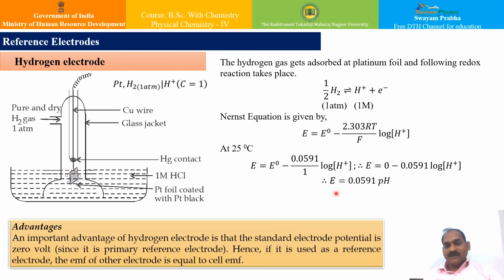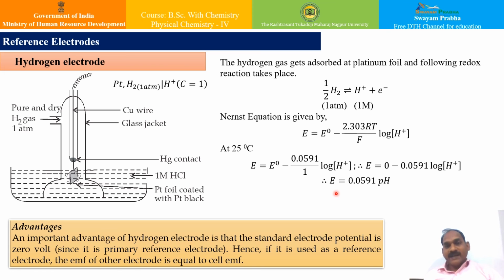Apart from this, the electrode needs dry and 100% pure hydrogen gas, which is very difficult, as there is always slight contamination in the gas, and this contamination usually leads to abnormal results.